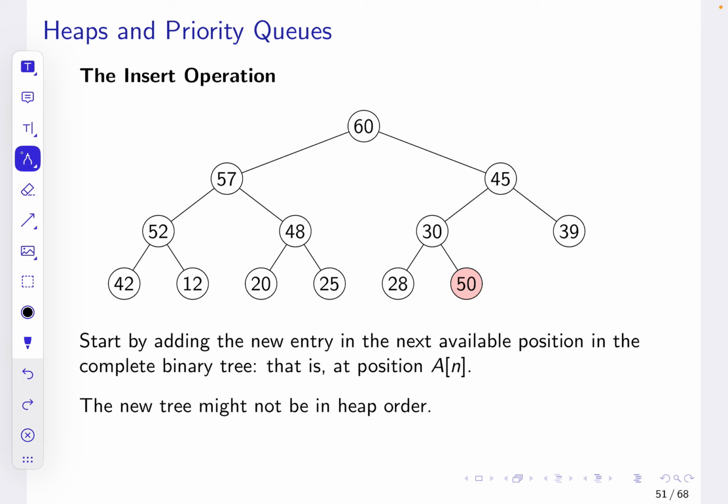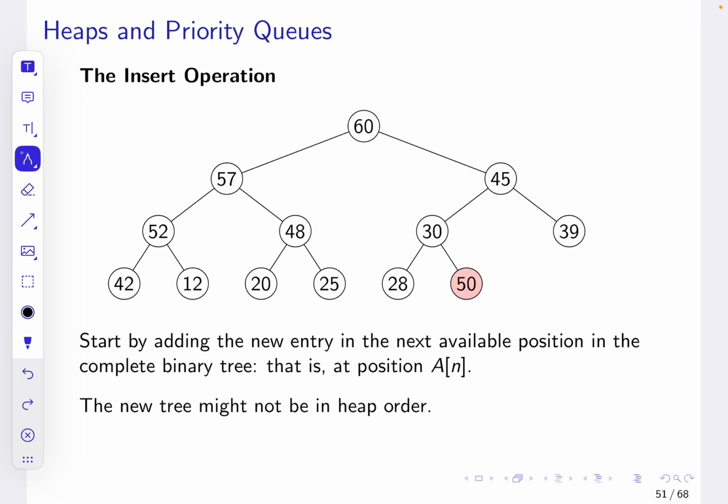The rest of the heap is already in heap order, otherwise it wouldn't be a heap. You could see examples everywhere. 60 is greater than both 57 and 45. 48 is greater than both 20 and 25. Cool. 30 is greater than 28, but it's not greater than 50, last I checked.